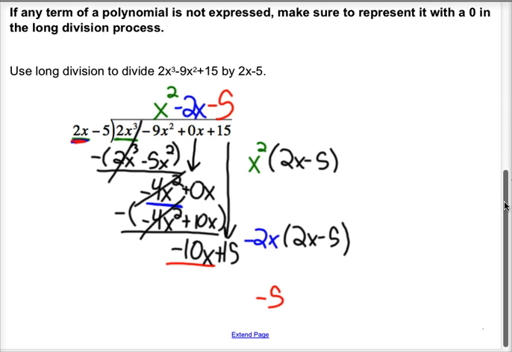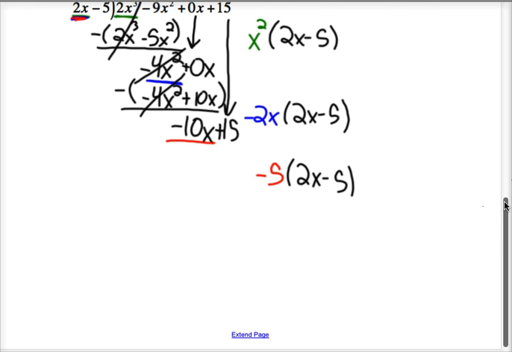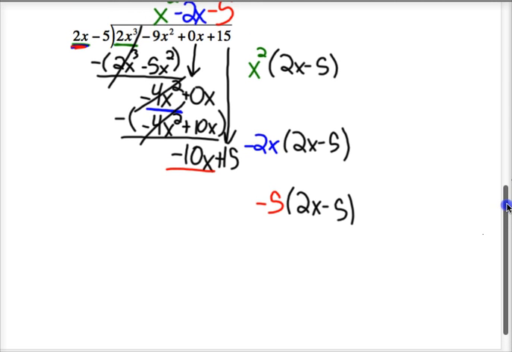So I'm going to take that negative 5 and one last time multiply it to that 2x minus 5. And I'm sorry, I didn't mean for that to go off the screen. So that gives me a negative 10x and plus 25.